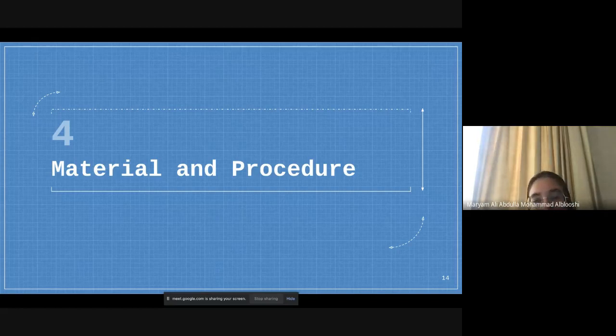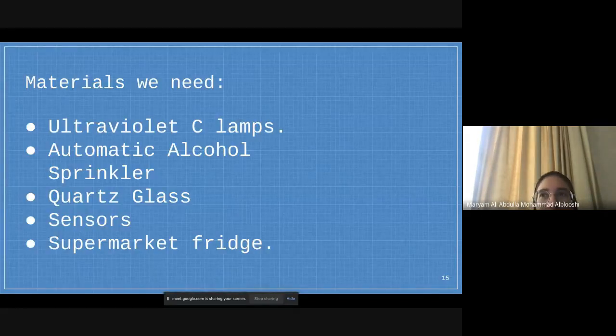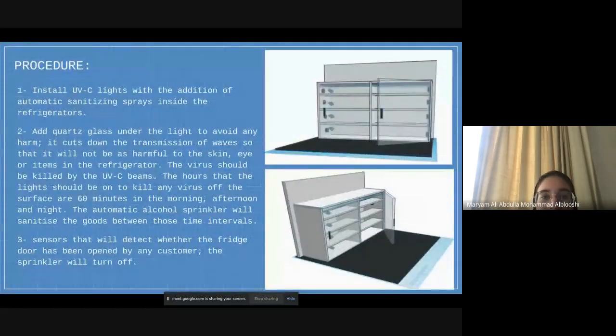So, material and procedure. In order to be able to build our project, we need certain materials, and those materials include ultraviolet C lamps, automatic alcohol sprinklers, quartz glass, sensors, and supermarket fridges. So first of all, we will be installing UVC light inside the supermarket fridges. In addition, on the side, as you can see, those are the sanitizing sprays.